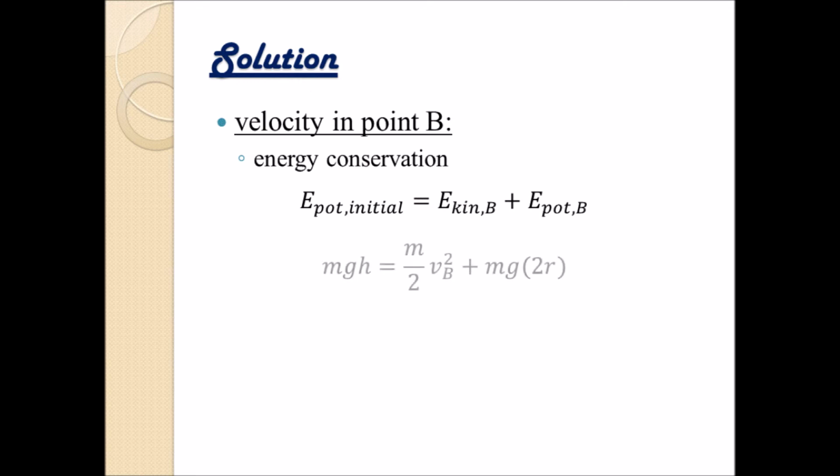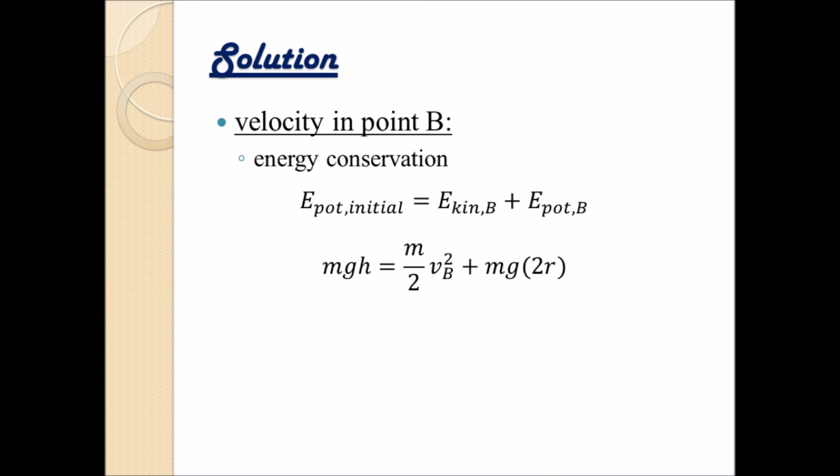On the left-hand side, we have the product of mass m, gravitational constant g, and height h. On the right-hand side, of course, we do have the kinetic energy m divided by 2 multiplied with the velocity that we need squared, plus m times g times the height. And the height in point B is simply 2 times the radius, or the diameter.